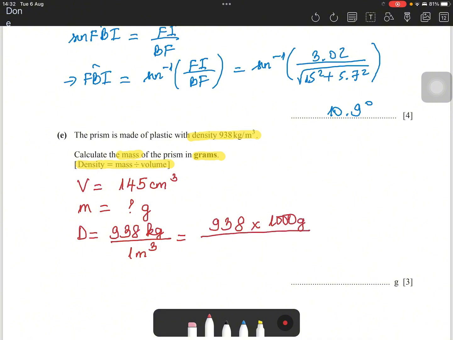And to convert from cubic meter to cubic centimeters, we multiply by 1 million. Because 1 meter is 100 centimeters. So 1 cubic meter is 1 million cubic centimeters. And this is 0.938 grams per cubic centimeters.